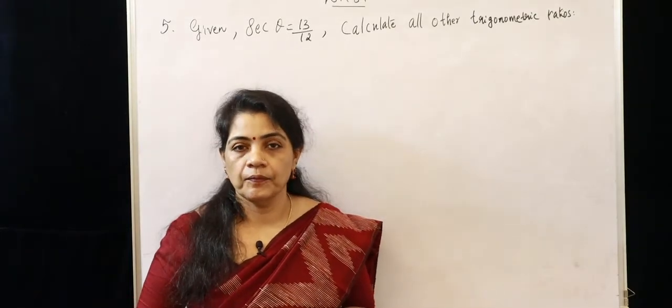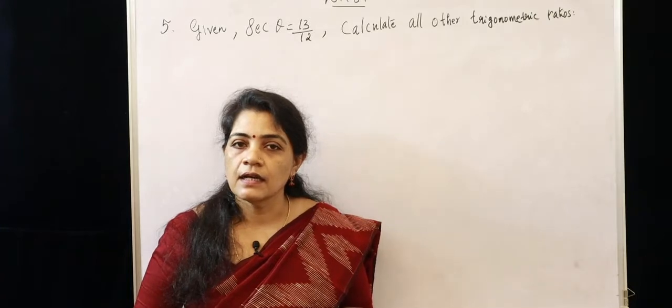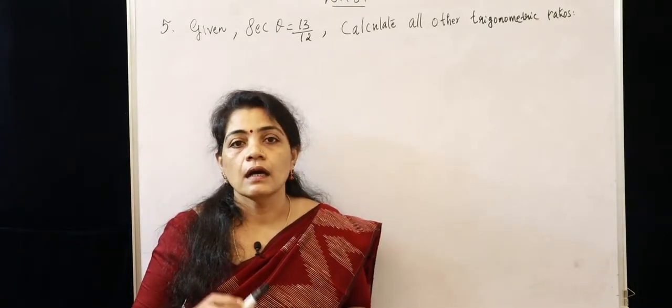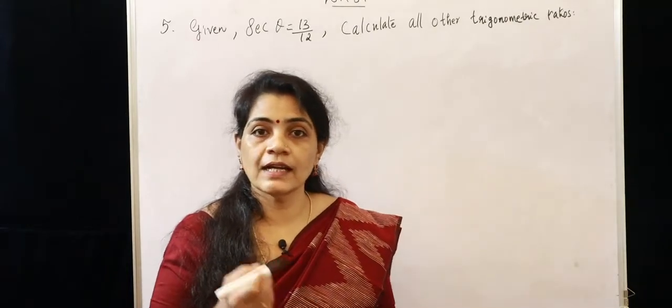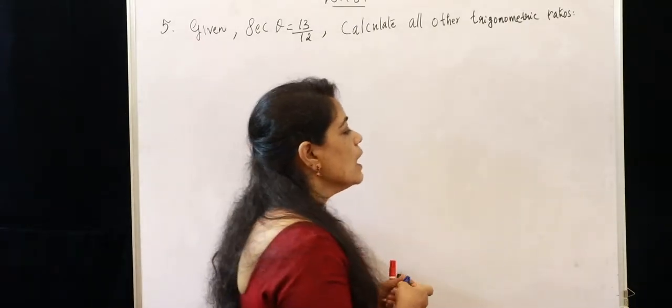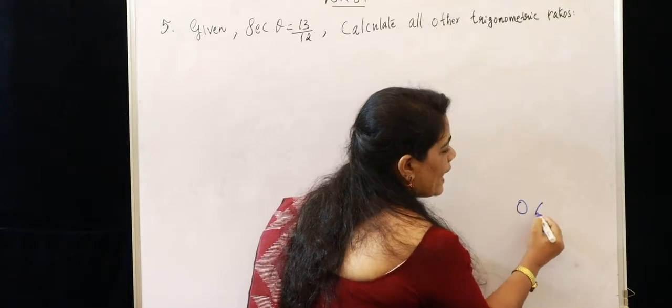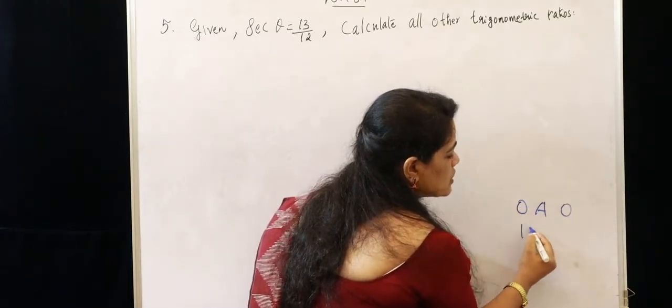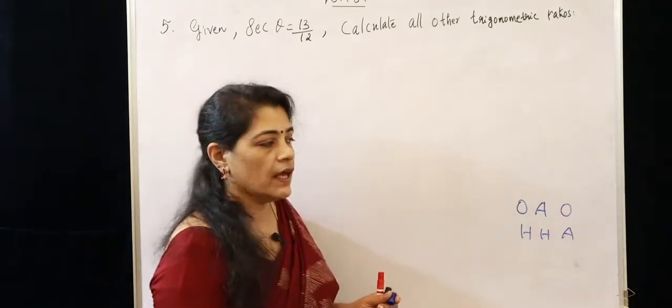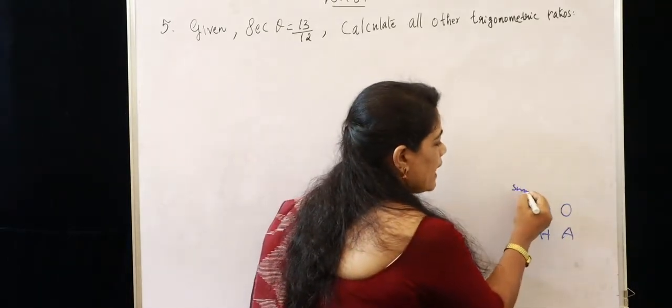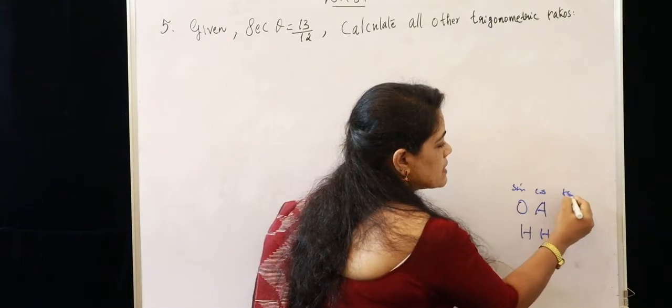Sec theta. What is sec theta? Sec theta is the reciprocal of cos, right? To remember that, we know the relation OAO, HHA. So this is sine, and this is cos, and this is tan.